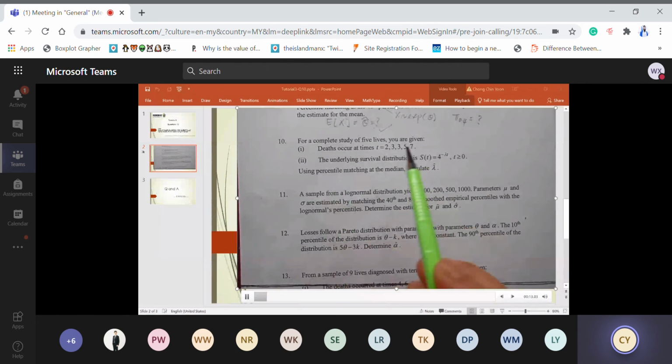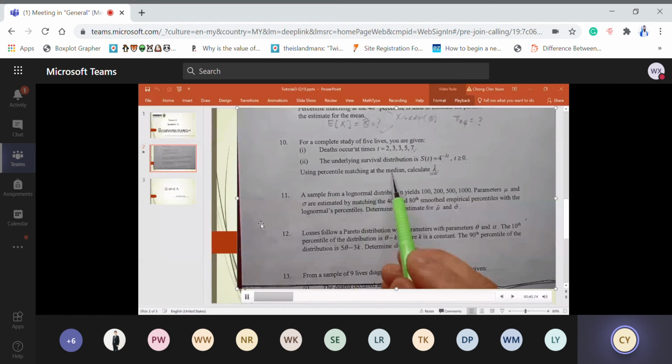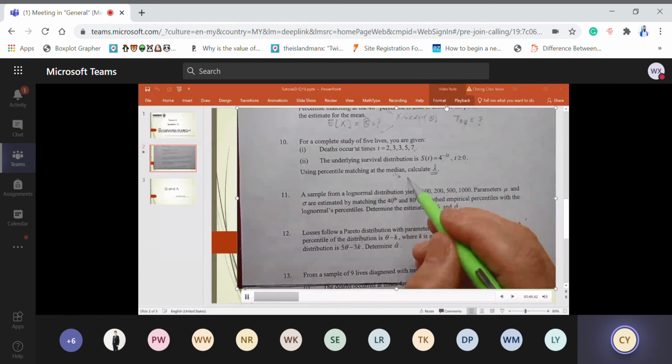Using percentile matching at the median, calculate the estimate of this parameter lambda. Our aim is to estimate lambda using percentile matching at the median. This median, in other words, is the 50th percentile.